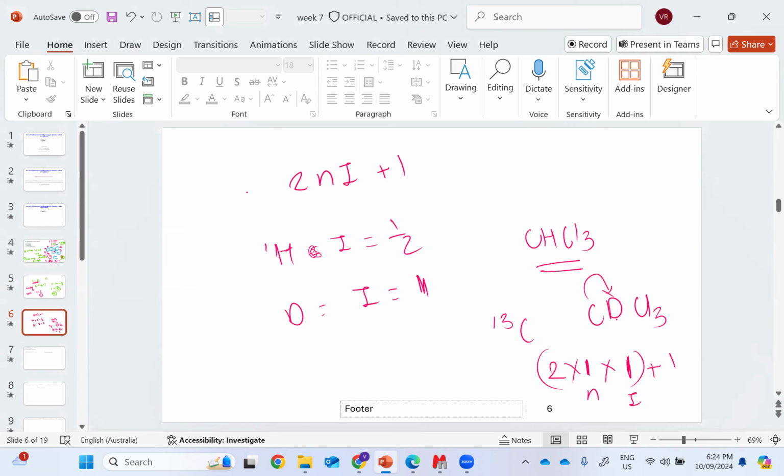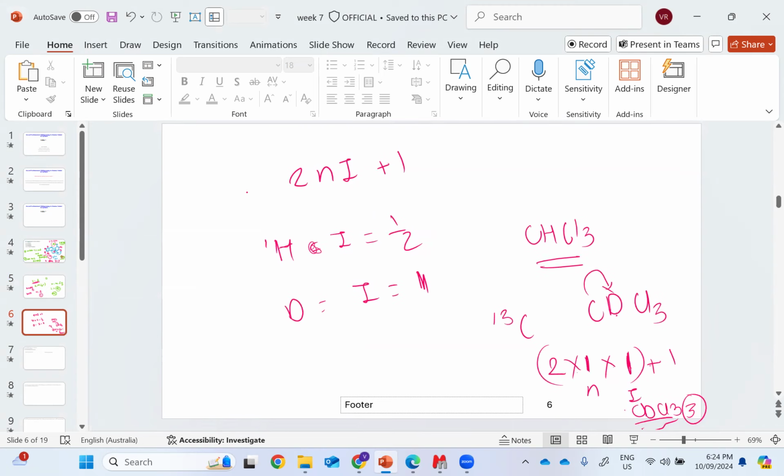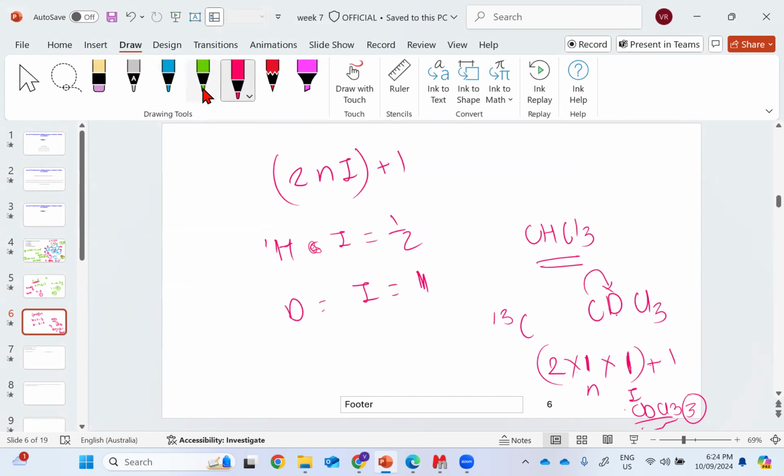So 2 multiplied by 1 multiplied by 1 is 2, plus 1. There will be 3 signals in the case of CDCl3. That's the reason we get three signals. So this is the formula. I just messed up the position of the bracket. Hope this is clear, right?